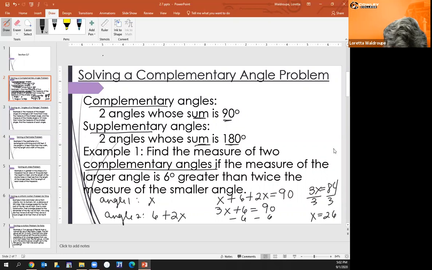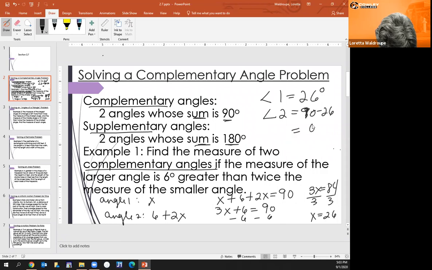So angle 1, that's just a representation for an angle, is 26 degrees. Angle 2 is 90 minus 26, or 64 degrees. You could also say 6 plus 2 times the 26.